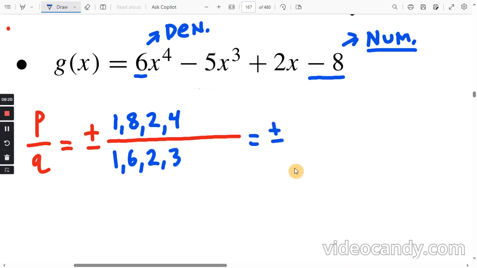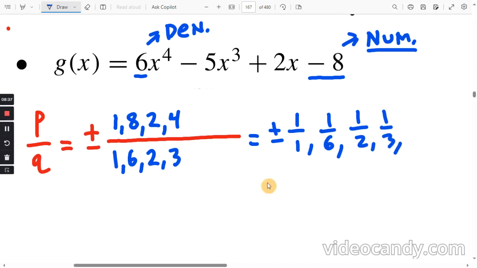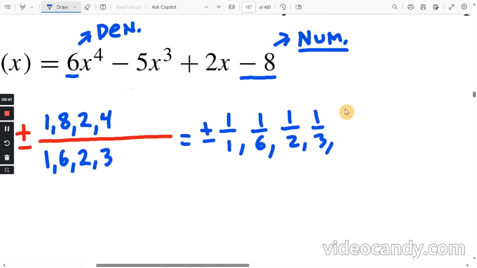All right, so let's break it up into the smaller ones. 1 over 1, 1 over 6, 1 over 2, 1 over 3. All right, and then 8 over 1, 8 over 6, 8 over 2, 8 over 3.